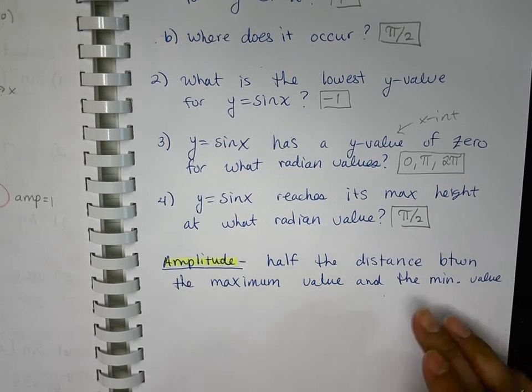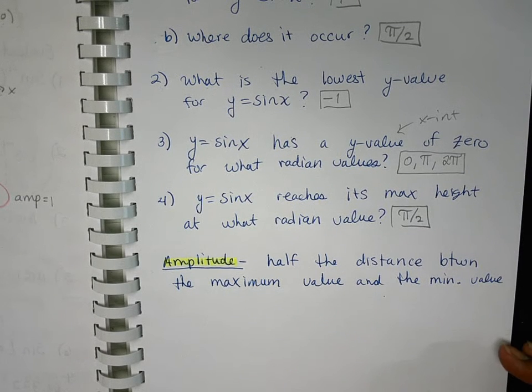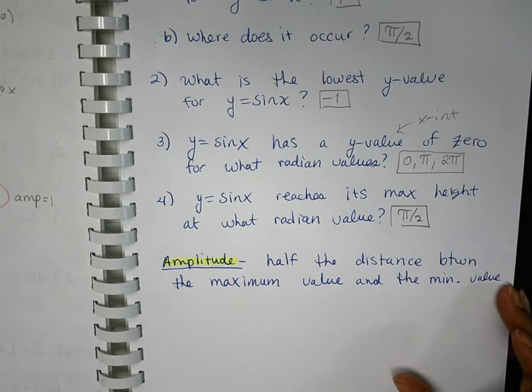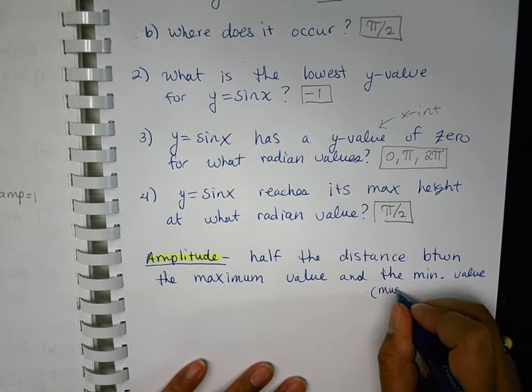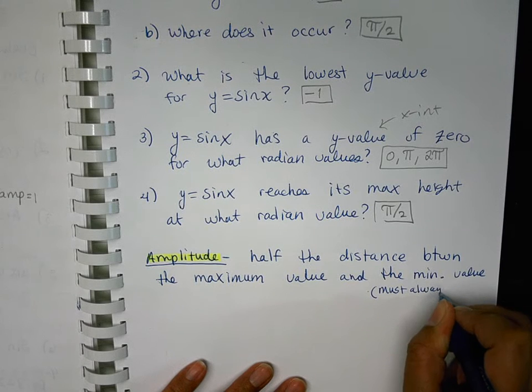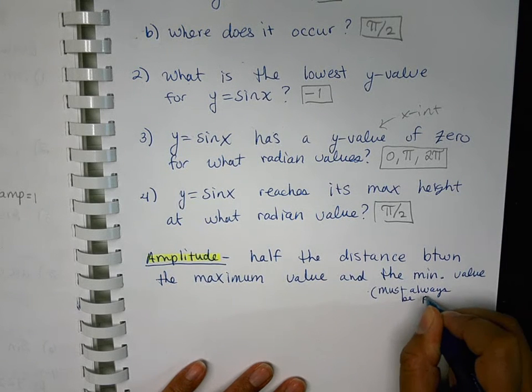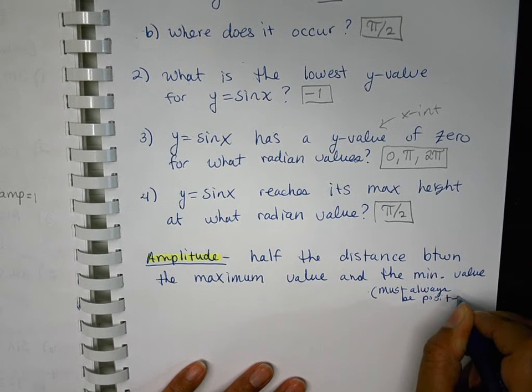And what did we say? It must always be what? Positive. I'm going to put that in parentheses here. It must always be positive. So you always take absolute value. Sorry, that got sloppy.